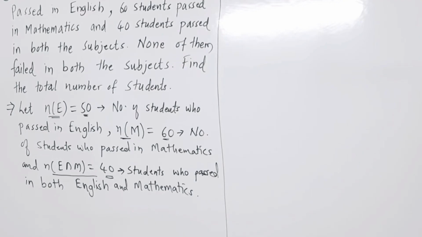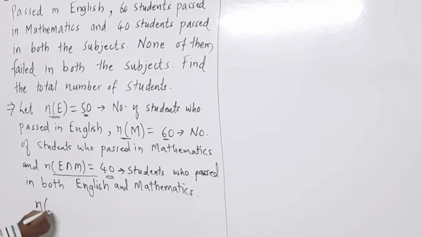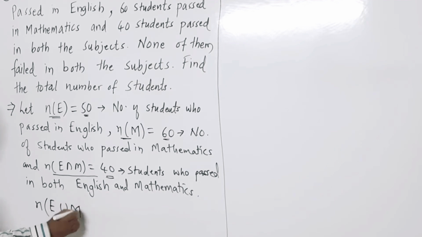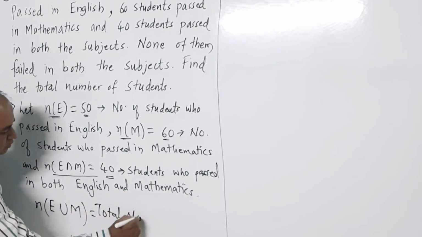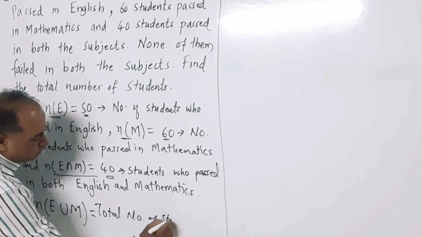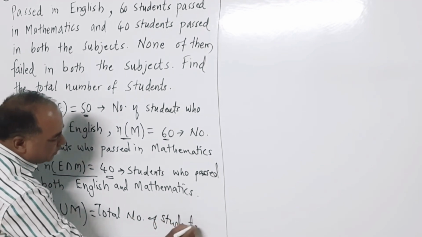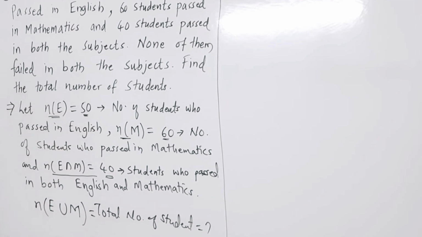So here we have to find the number of students who passed either in maths or English, that is E union M, the total number of students who either passed in maths or English.